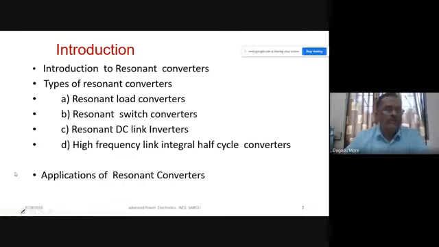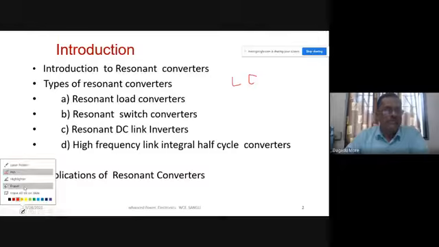We require one LC circuit, either a series LC circuit or a parallel LC circuit, and that will form the resonance. And at which place it forms the resonance, based on that, we give the names to these converters.